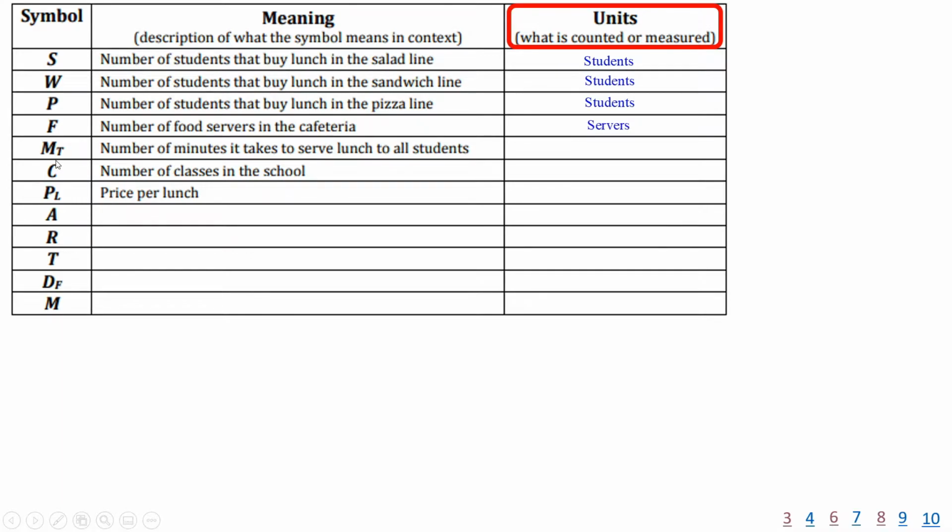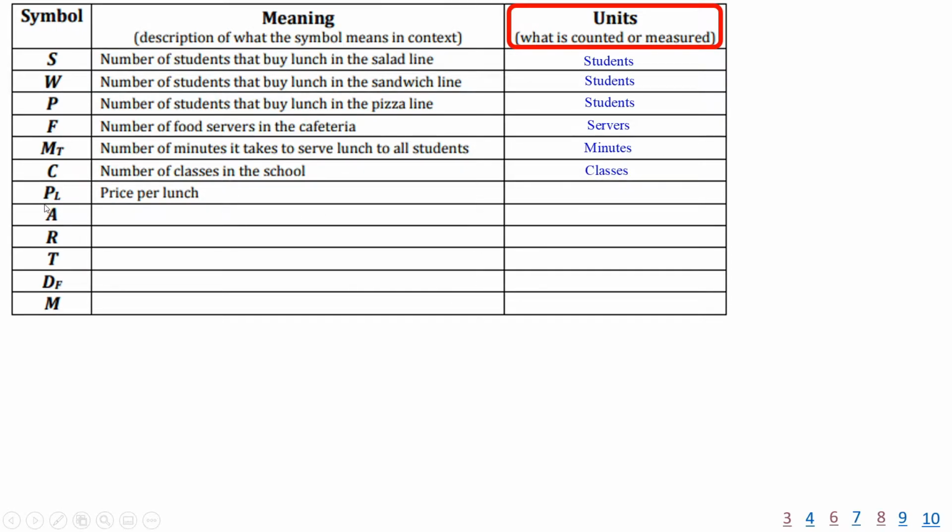M sub T, the number of minutes it takes to serve lunch to all students. So minutes total is what they're talking about right there, M sub T. And what is being measured? Time in minutes. C, the number of classes in the school. And what's measured there? Number of classes.